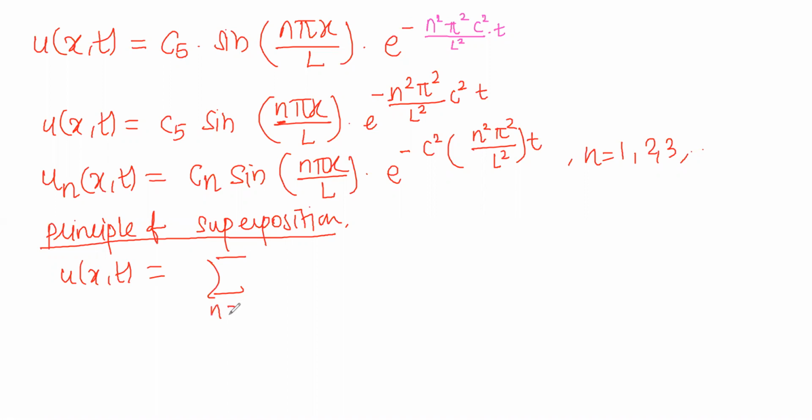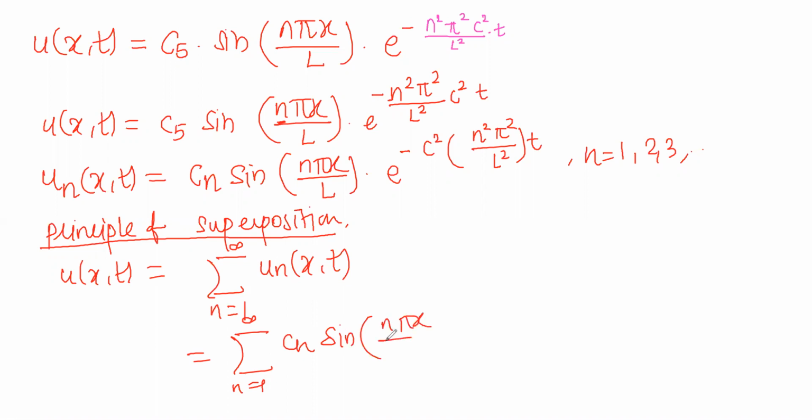So n equal to 1 to infinity, I'll be getting the sum from 1 to infinity of un of x comma t. If you substitute here what un of x,t is, then you get the sum n equal to 1 to infinity of cn times sine of n pi x upon L times e power minus c square n square pi square upon L square times t.